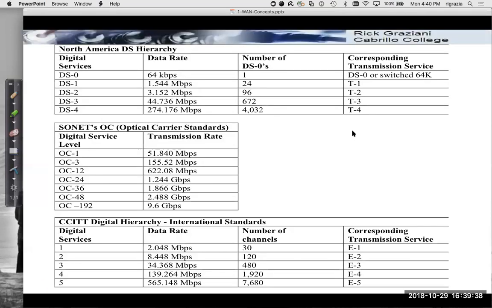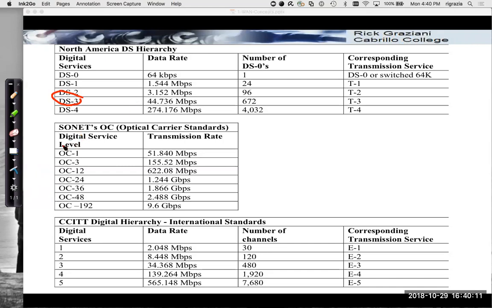Okay. So this shows you the North American and European or international digital hierarchy standards. They're slightly different, which has to do with the number of DS0 channels. You can see that we have DS0, DS1, DS3. You might hear the term T3s. That's a DS3, usually sent over coax cable, and you get almost 45 megabits per second.